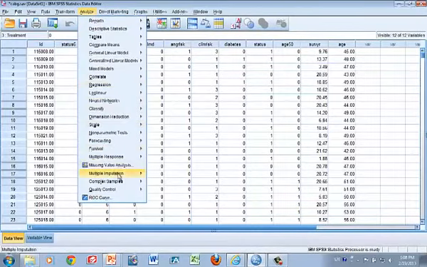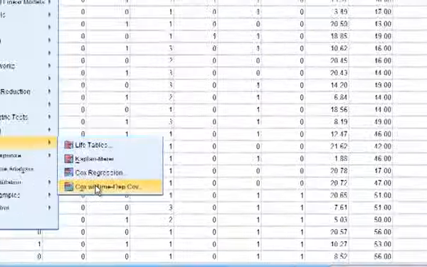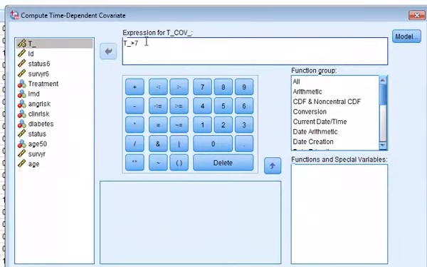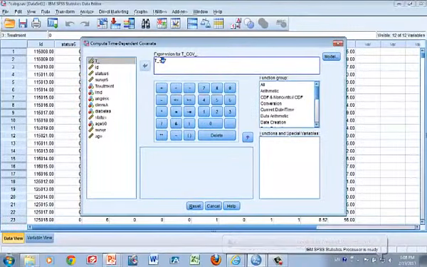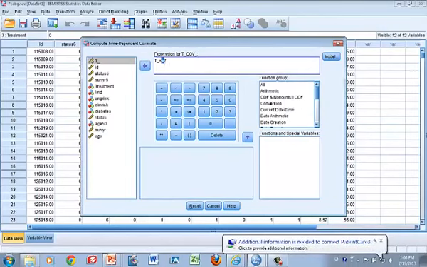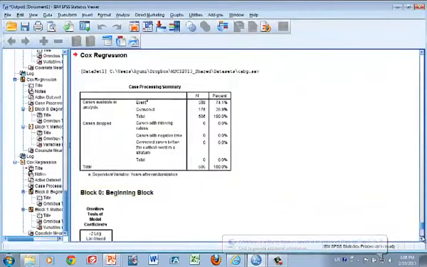You go back to survival and go to Cox time dependent covariate, and instead of T underscore greater than 7, set this to T underscore less than 7. It doesn't matter which, whether you put the equal sign for whichever period. Then click model and rerun the analysis.